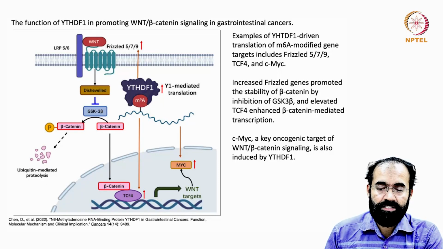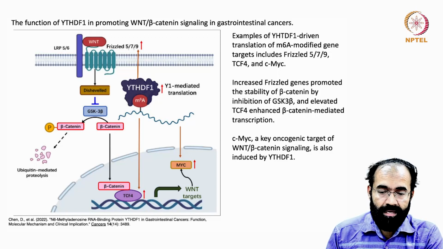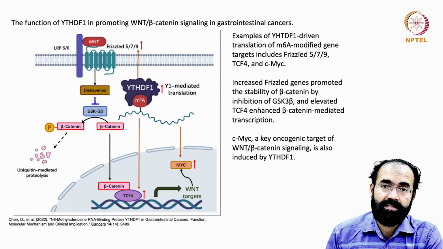Some examples of YTHDF1 driven translation of these m6A modified gene targets include frizzled 5, 7, 9, which are members of the Wnt signaling pathway, TCF4, that is the T cell factor, a protein or co-binding partner of the beta-catenin, and also c-MYC itself.